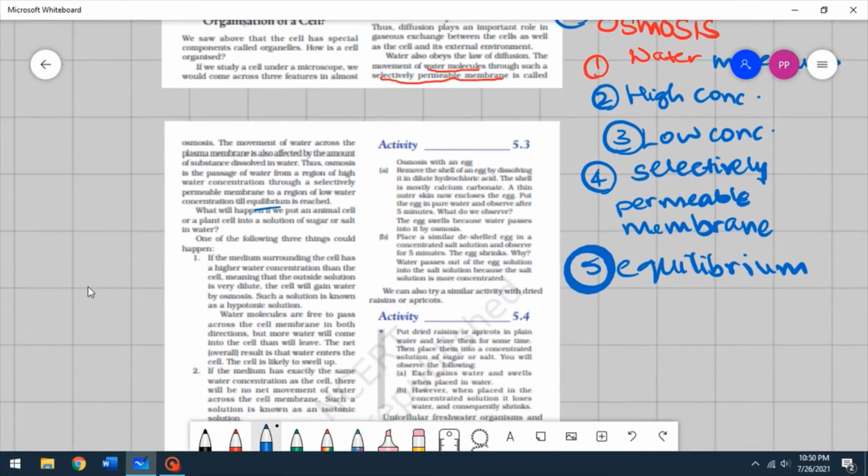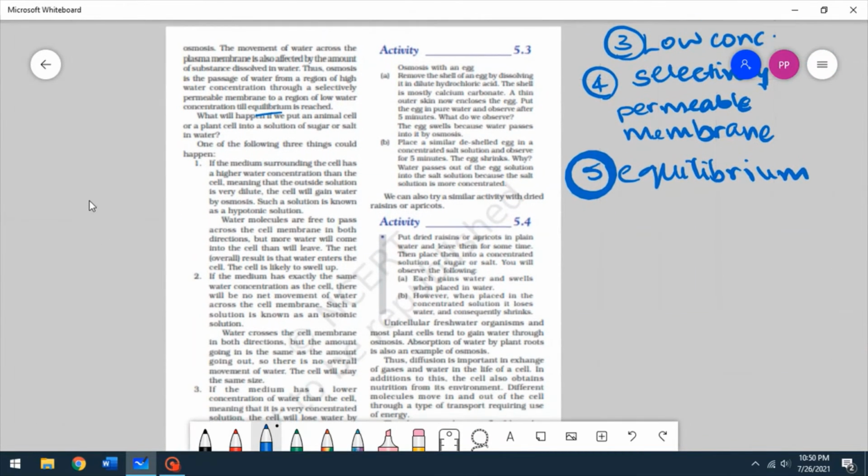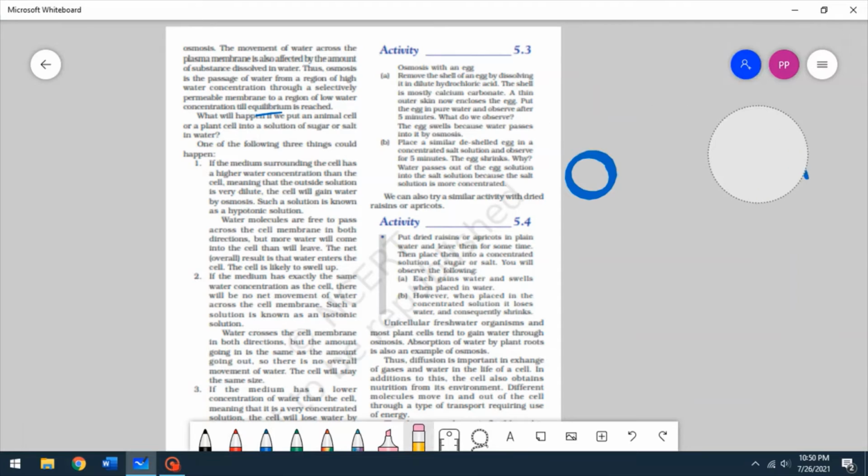So what will happen if we put an animal cell or a plant cell, for that matter, into a solution of sugar or salt in water? One of three things is going to happen here. Alright, so there's three situations.